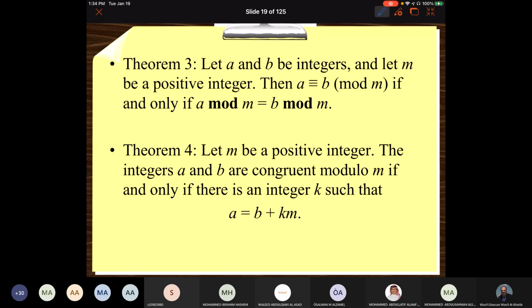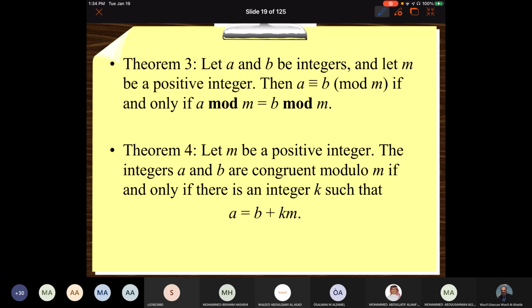Then A is congruent to B mod M if and only if A mod M is equal to B mod M. Giving the example of 7 and 17 mod 5: 7 is congruent to 17 mod 5 if and only if 7 mod 5 is equal to 17 mod 5.